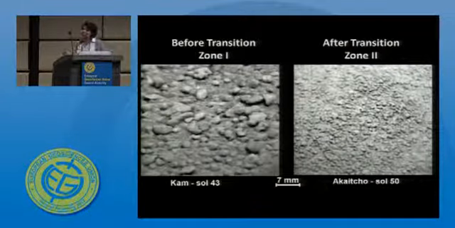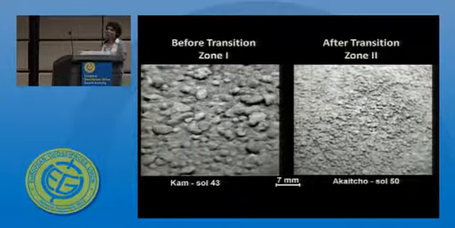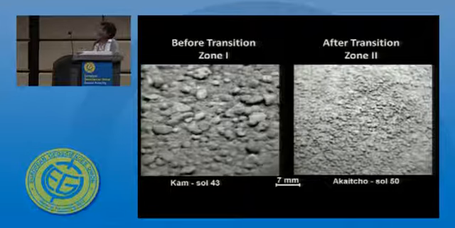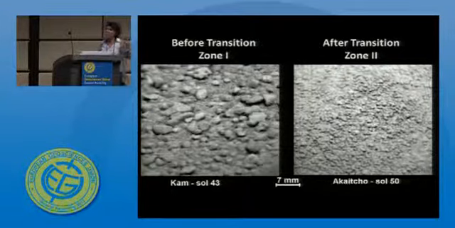Interestingly, to summarize, before the transition, soils are very coarse grained. They are gravels, and there will be a talk this afternoon dealing with this soil analysis with ChemCam. To remind you, the laser beam of ChemCam is of the order of 500 micrometers.